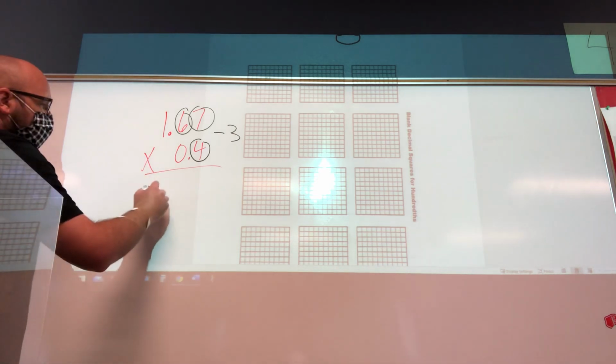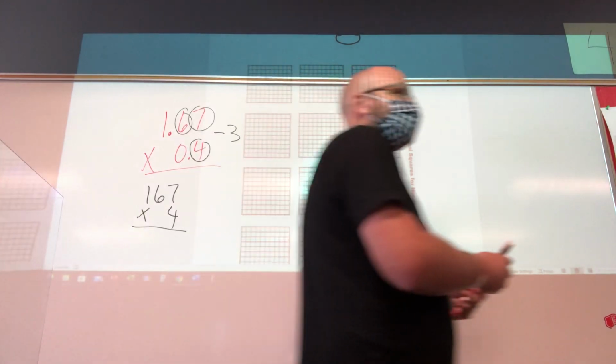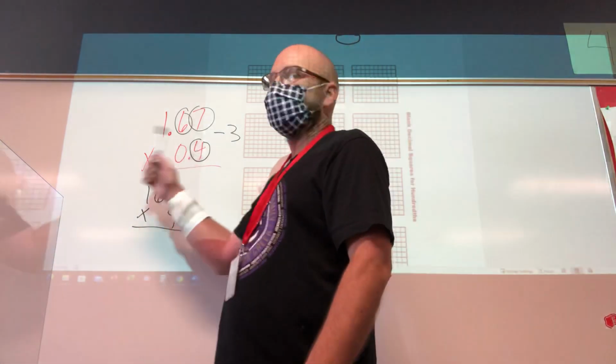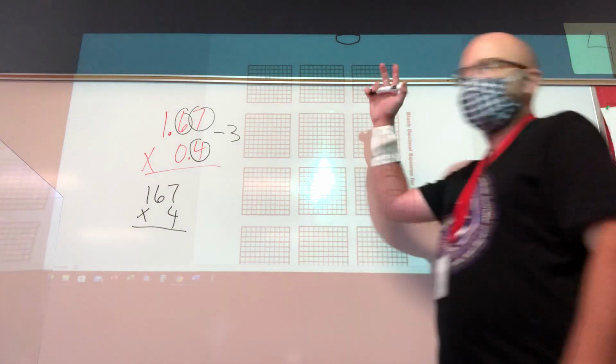I rewrite it, ignoring the decimal points, because you're going to try and line up the decimal points when you multiply. You don't have to. That is why I asked you to rewrite it, ignoring the decimal point, and just write it as whole numbers.